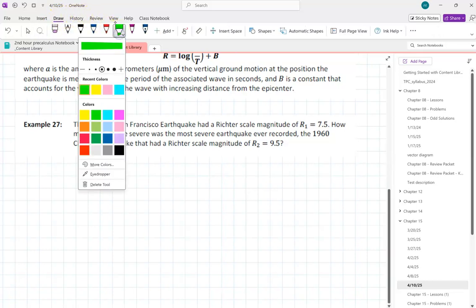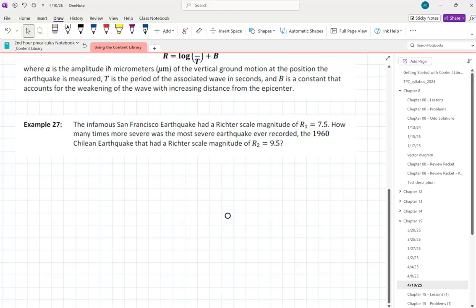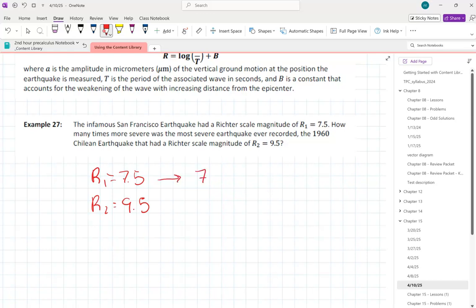So this is kind of a tricky one. We're given 2 Richter scale measurements, and it doesn't seem like we have a lot else, right? So with this, I can say that 7.5 is going to equal the log of alpha 1 over T1 plus B1.